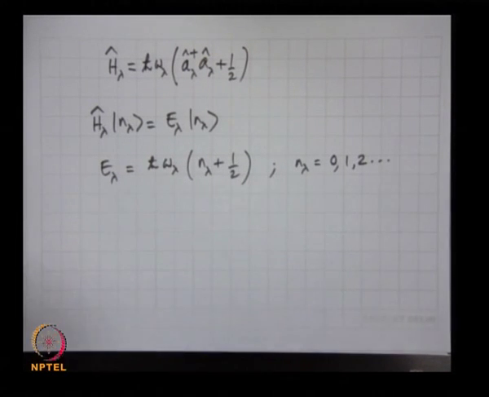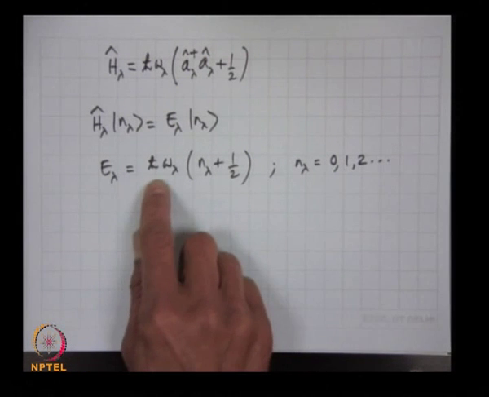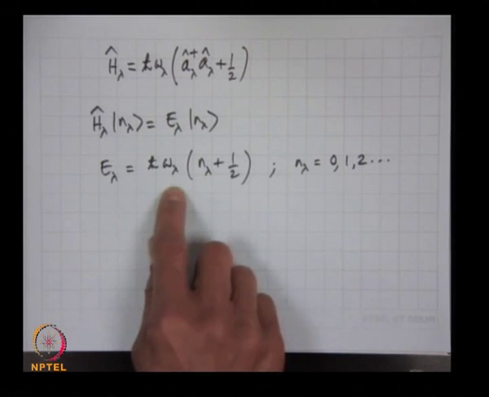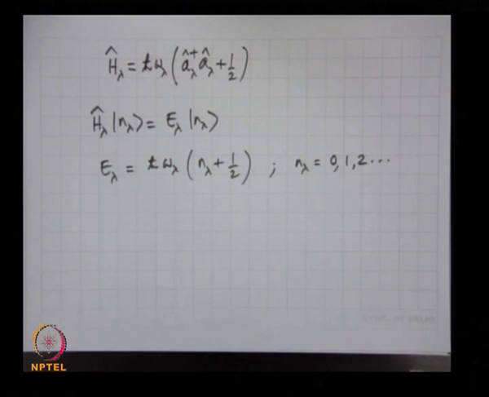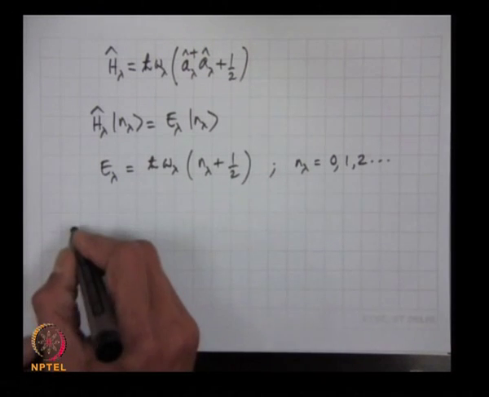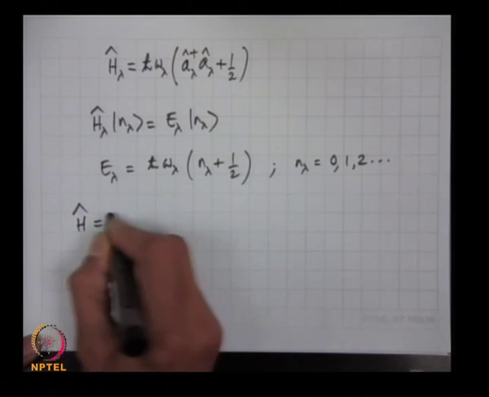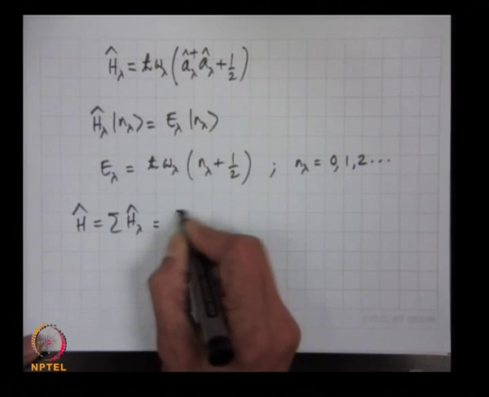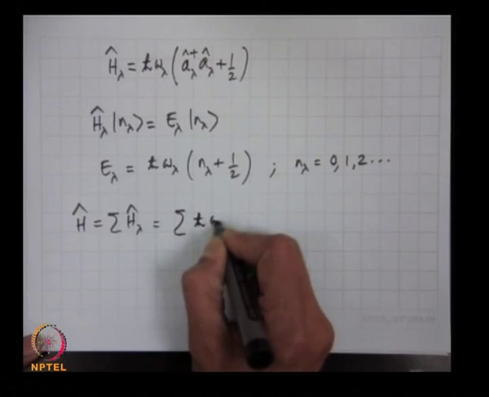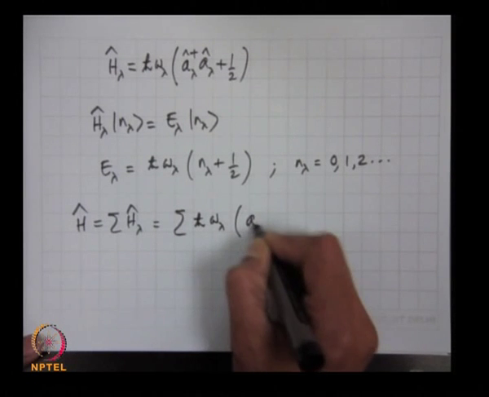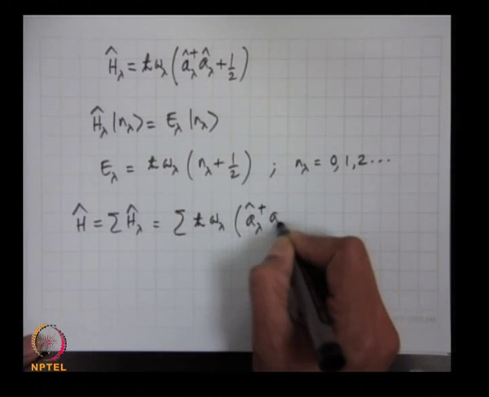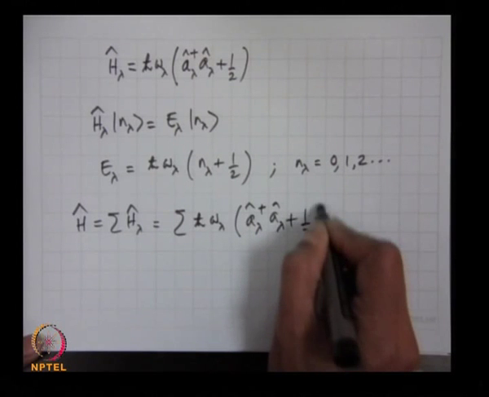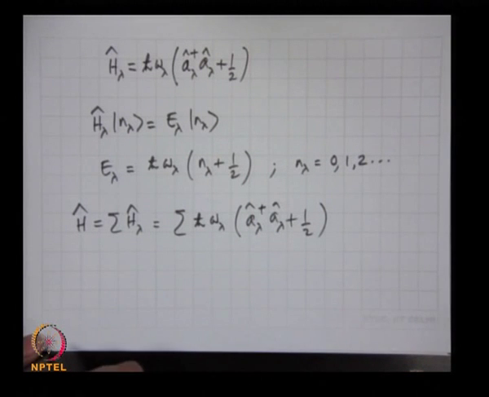So right now what I've shown is that each mode of the electromagnetic wave can only have energies given by h cross omega lambda times n lambda plus half. So the total Hamiltonian will be the sum over lambda of h cross omega lambda (a lambda dagger a lambda plus half). And what will be the total energy?